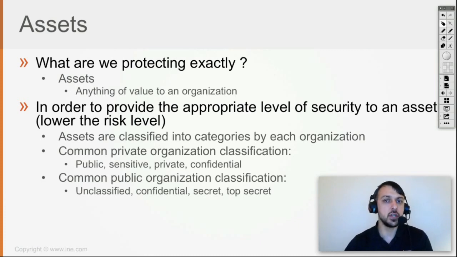So these are different categories of classification of data, and I gave this example to show you that a specific asset can be classified in a specific category, but it can stay in that category for a specific amount of time. Afterwards, it can lose all of its value, or become less valuable. Like I was saying, top secret data can be top secret for 50 years, and then can be publicly available. It's going to change its category at that point.